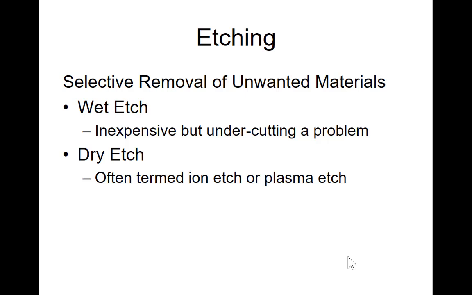You also have other methods for taking away materials, but then you take it away from the whole wafer surface. So etching is a selective removal method. Last time we said you have wet etching and dry etching.